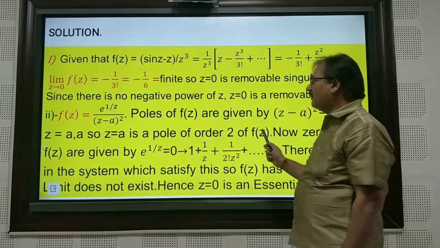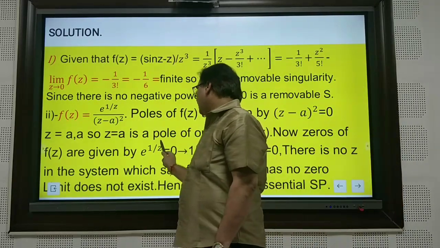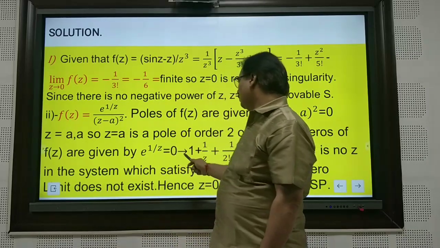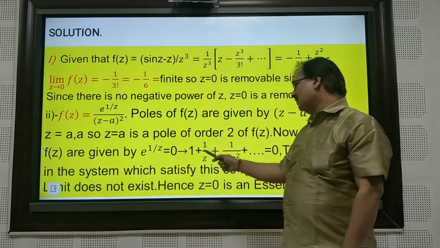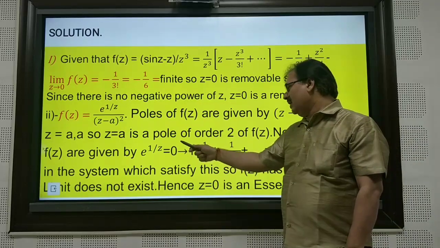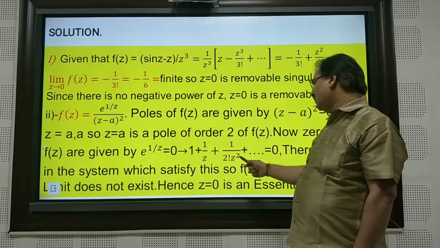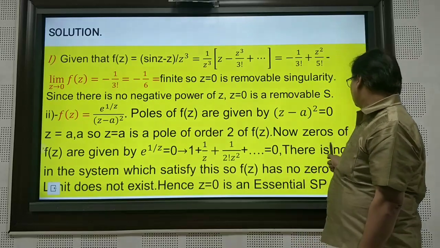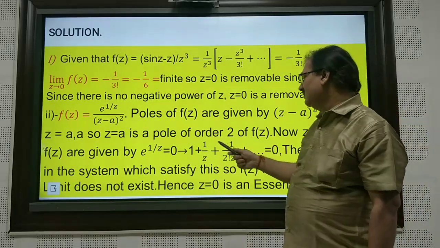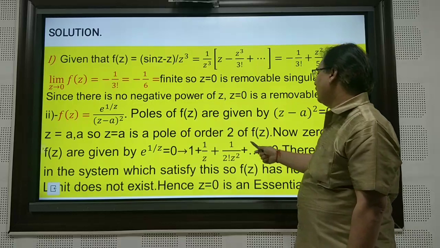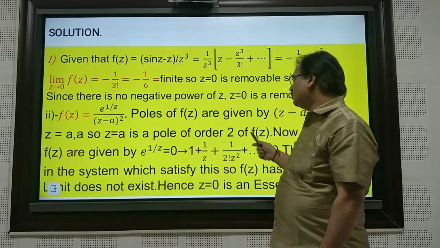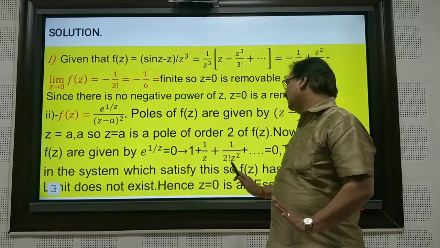Now the zeros of f(z) are given by e to the power 1 by z equal to 0. Simplifying, e to the power 1 by z can be written as 1 plus 1 by z plus 1 by factorial 2 z squared and so on, equal to 0. There is no complex number which satisfies this equation.